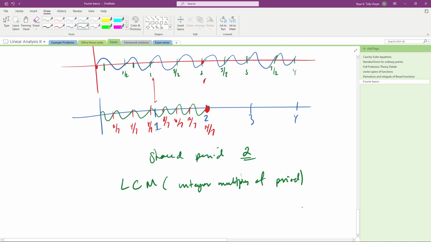So that's a hint for number 2 right there. You should be able to show me that if I gave you 2 different fractions for periods, the first spot that they land simultaneously at is their smallest integer multiple, which is going to be the least common multiple.